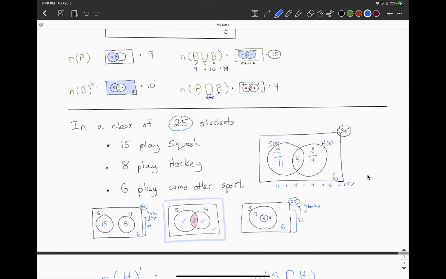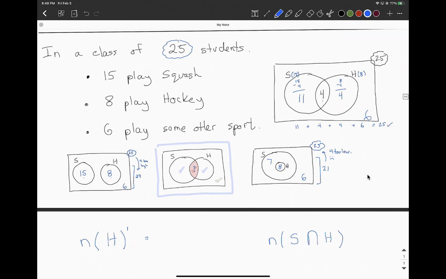There is not another way to draw it if we are following the logic to a T. How many people don't play hockey? I'll show you who. These people don't play hockey. They love their squash.